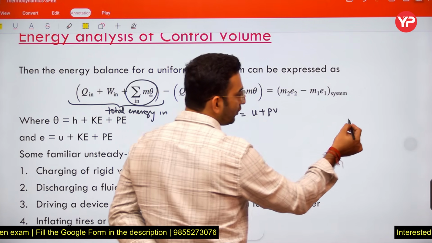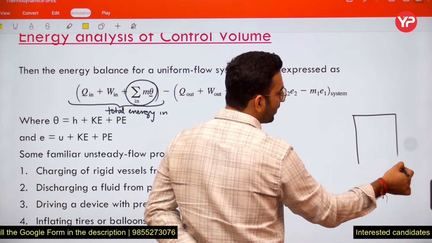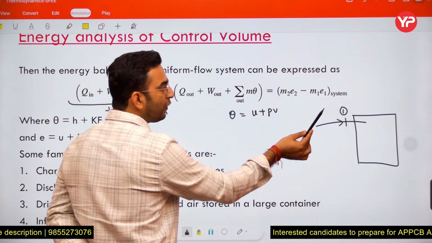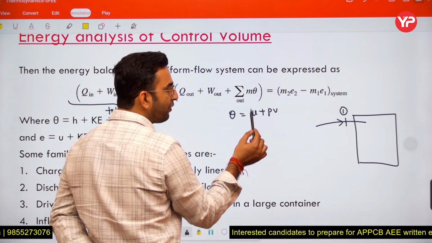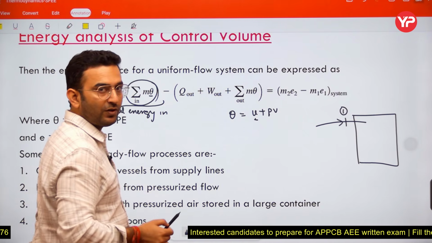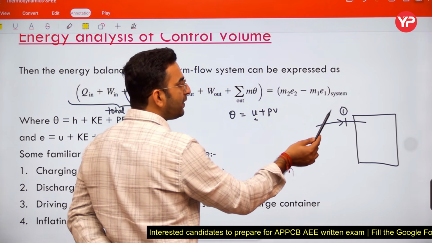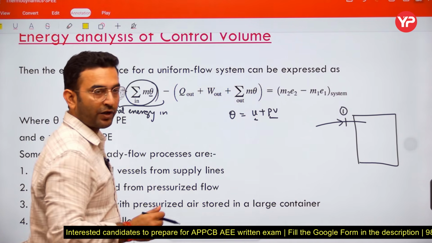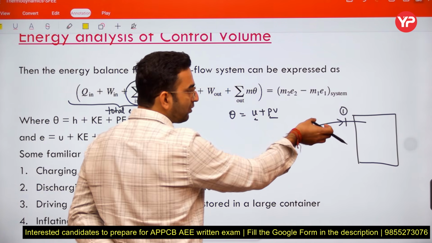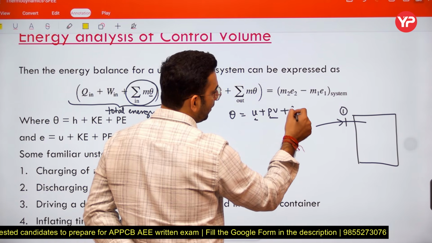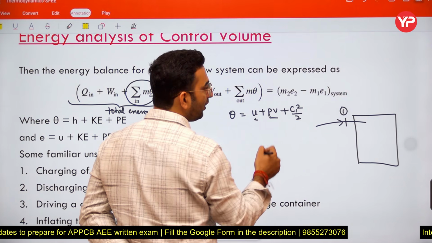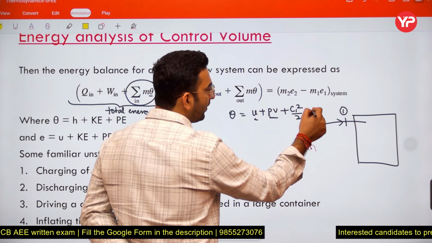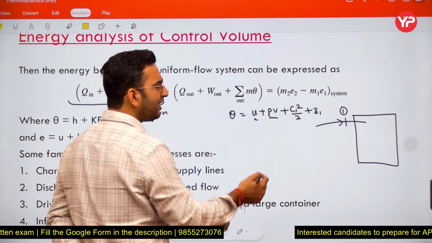Let us suppose we have a container and the fluid is entering here. At position number 1, the fluid is going to have some particular temperature, due to which we have internal energy. Due to the displacement of volume, we may have a flow work. Along with that, due to the bulk movement, we may have a kinetic energy. Due to the bulk position from the reference, we may have a potential energy.